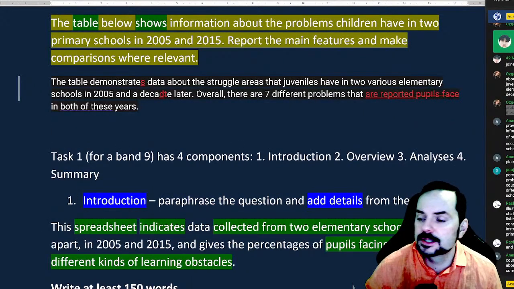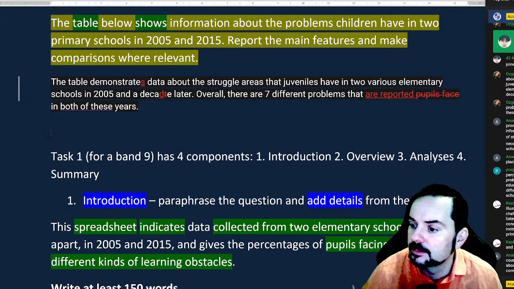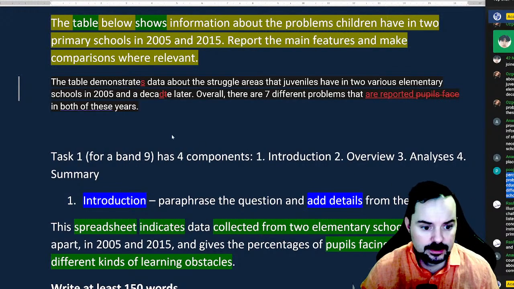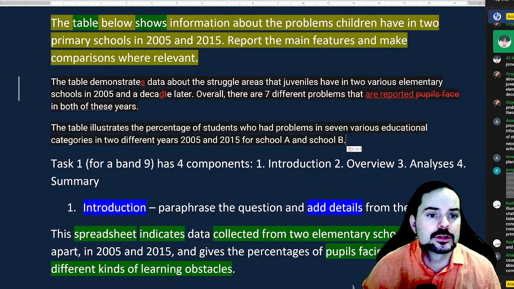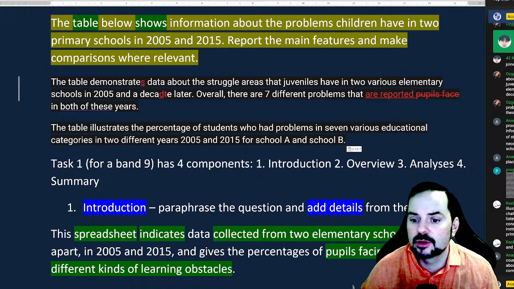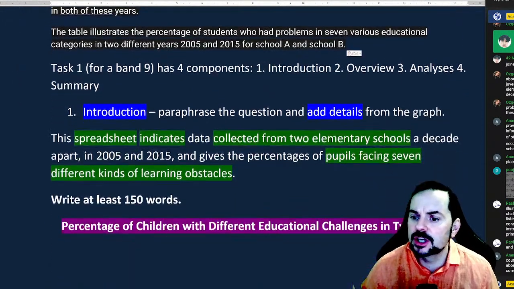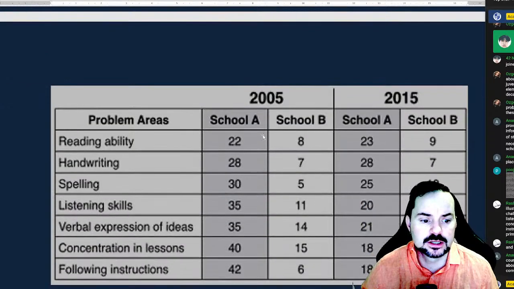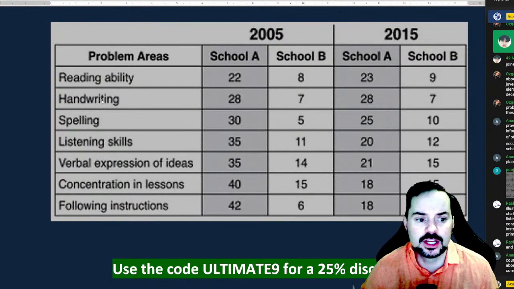So let's take a look at Pooja real quick. Okay. So Pooja writes, the table illustrates the percentage of students who had problems in 7 various educational categories. I don't think it's educational categories, Pooja, because some of it is education, like reading ability, right? So Pooja, as students, be really careful with what you're reporting, right? Make sure it's accurate.